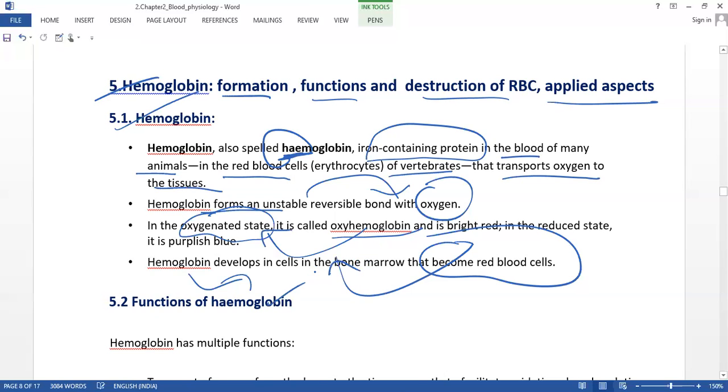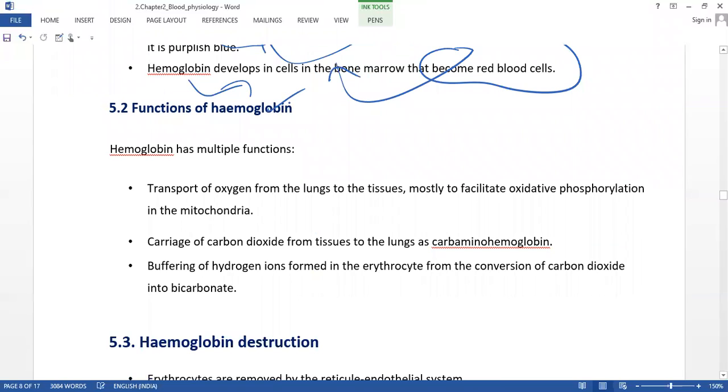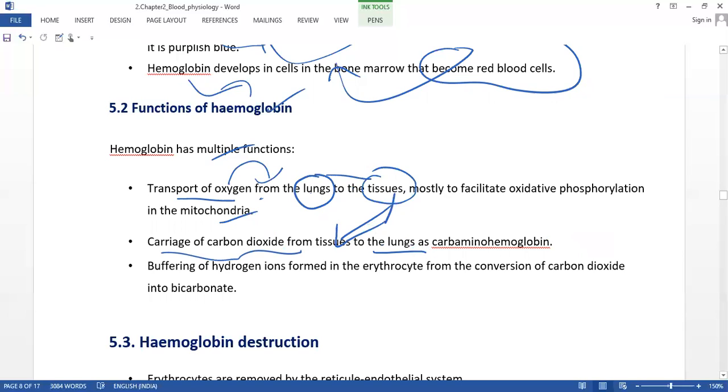And next, let us see the function of this hemoglobin. This hemoglobin has multiple functions. The first thing is that it transports the oxygen from the lungs to the tissues, so that it facilitates the oxidative phosphorylation in the mitochondria. And also it carries carbon dioxide from the tissues back to the lungs.